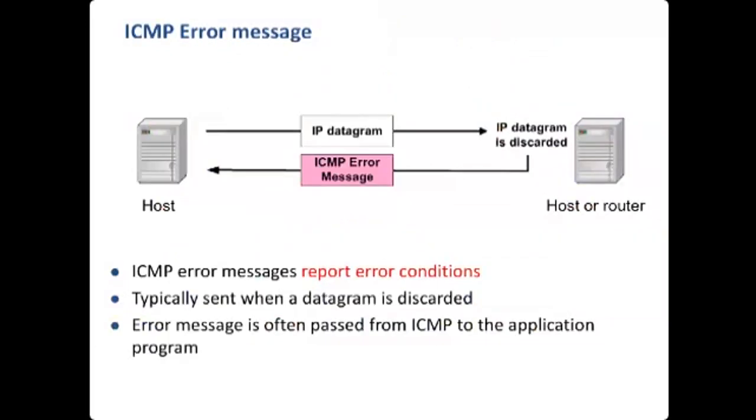And then of course, something may go wrong in the router. You can see on the right-hand side the router: if a packet is dropped, it has to inform the host about what has gone wrong. For example, initially the host sends an IP datagram, that's on the top, it reaches a router in between, and the router will inform the host sender what's gone wrong.